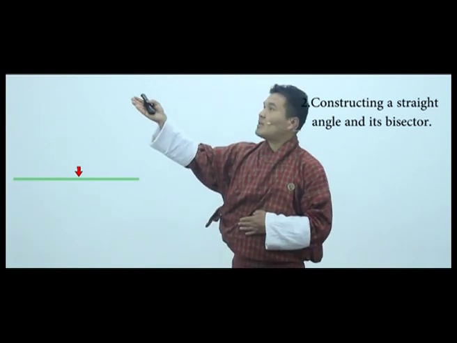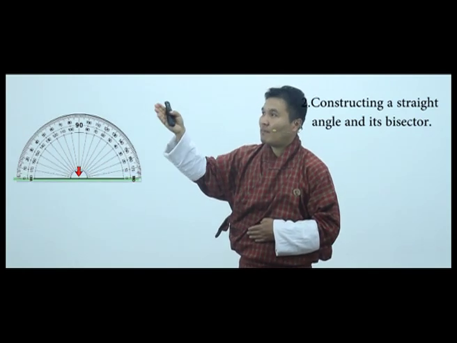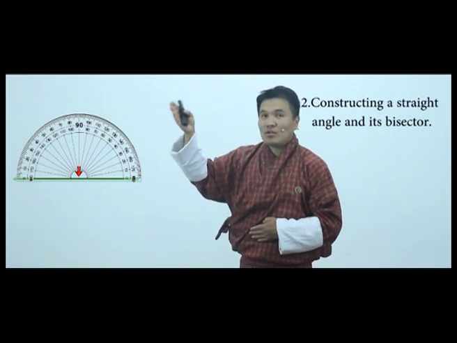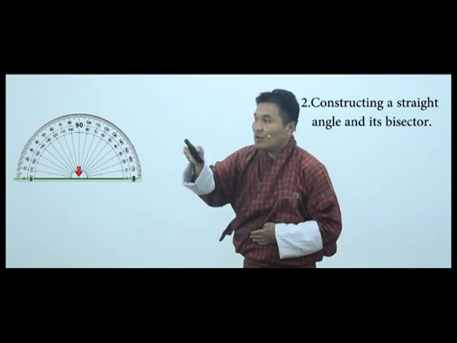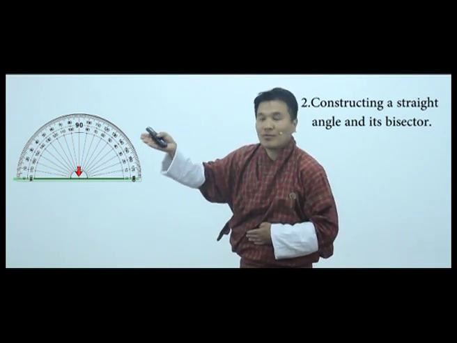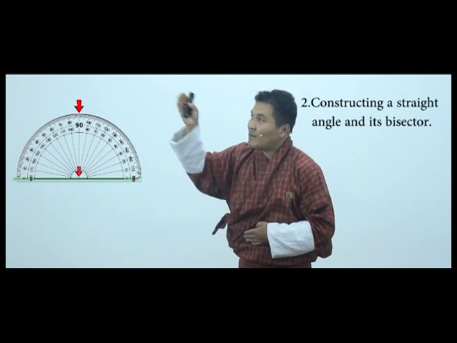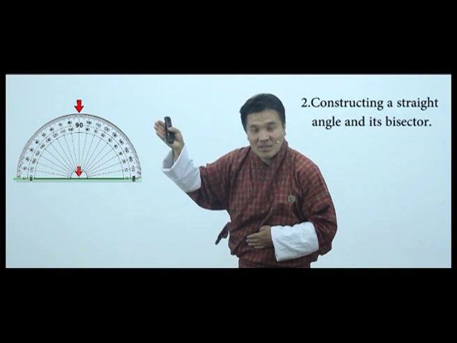Again, take the protractor, keep it on the straight angle, make sure that the 0 degree line falls on the lower ray, or the line, of your straight angle. Now, mark it at 90 degrees, or give a dot with your pencil.